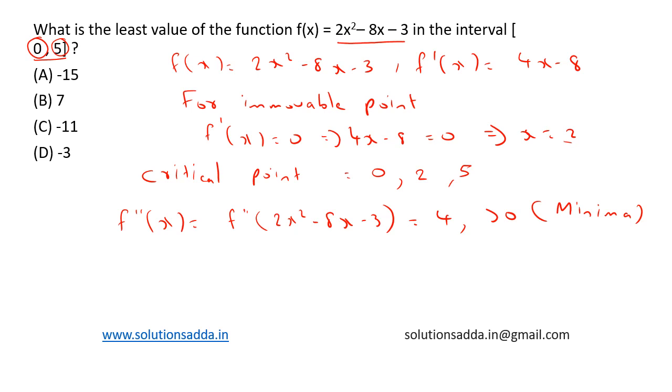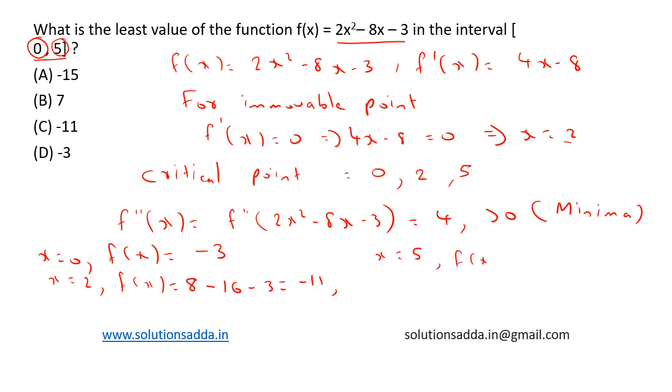Now, for x is equal to 0, f of x is equal to minus 3. Now, for x is equal to 2, f of x is equal to 8 minus 16 minus 3, which is equal to minus 11. For x equal to 5, we get f of x is equal to 50 minus 40 minus 3, which is equal to 7.